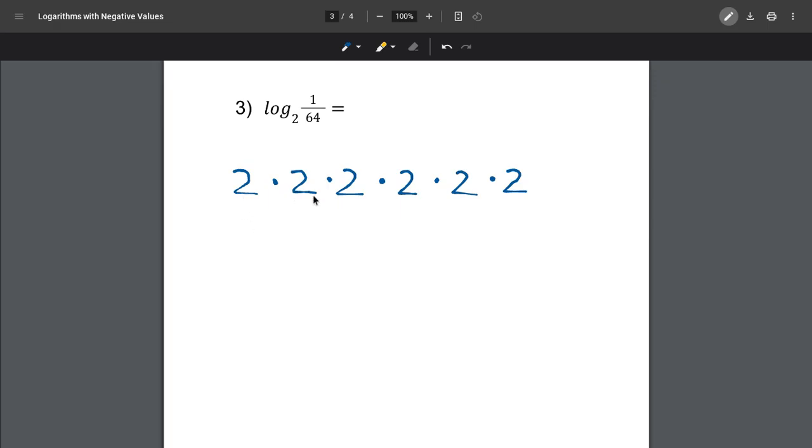So we have 6 twos multiplied together. But again, this isn't just 64, this is 1 over 64. When we have 64 in the denominator, that's like 1 over 2 to the 6th, or 2 to the negative 6th. So instead of putting 6 here, because we have 6 twos to get 64, we're going to put negative 6. Boom.